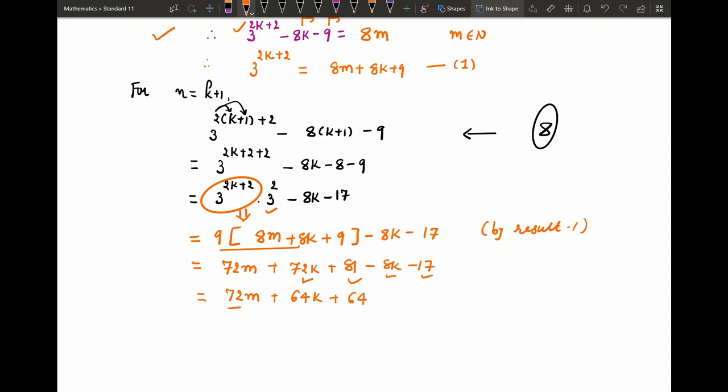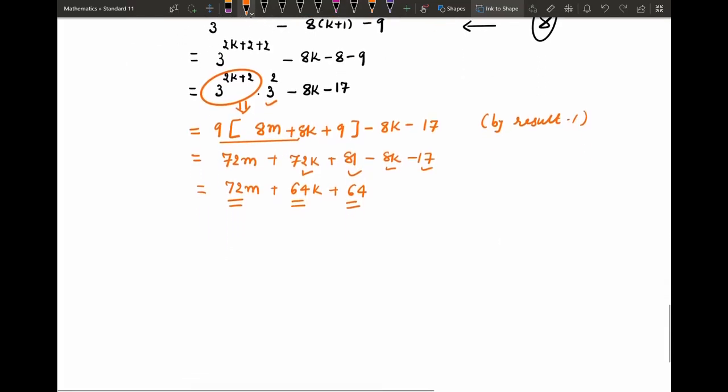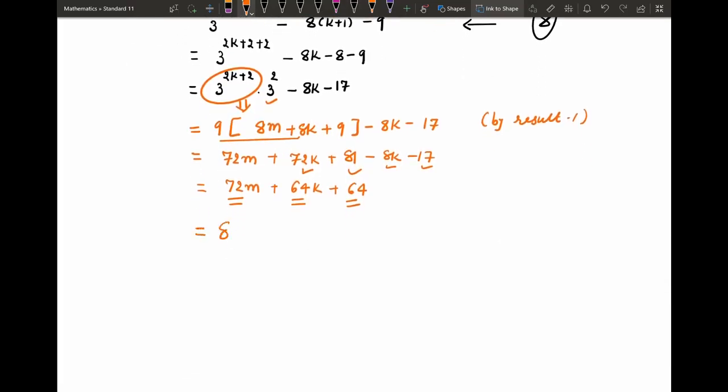Here you can observe from each term we can take 8 common. So when we take 8 common, into bracket 9m plus 8, it says 64, so 8k plus 8.